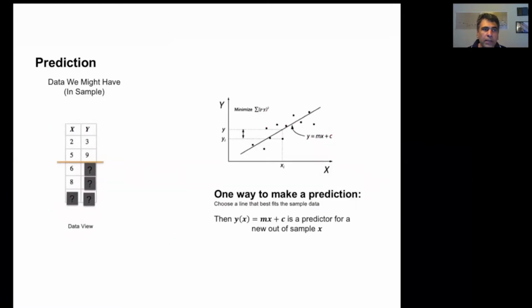So one way to go about prediction is to just assume that all of the data that you have is in a line, or is following a model that's a line. If you do this, then what we need to do is guess which line best fits the data that we have. And what does it mean to guess best? Well, it means to pick a slope. So how much does it rise for any given run?